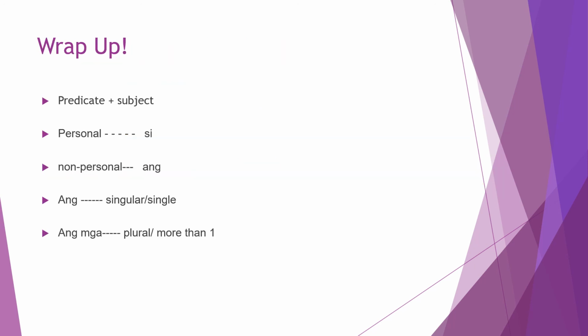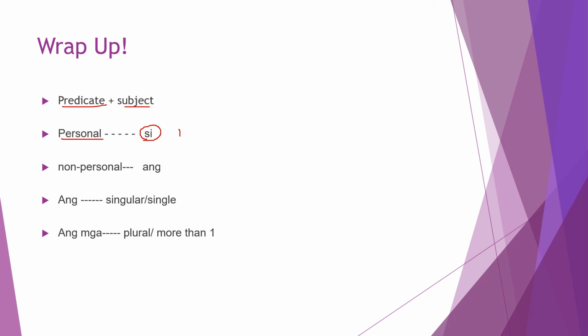Okay, now let's wrap up everything. We have to remember only these 5 things. Okay? So the basic structure in Filipino sentences is predicate plus the subject. Okay? Predicate plus a subject. Next is the personal. We use the marker si, like in si Maria.